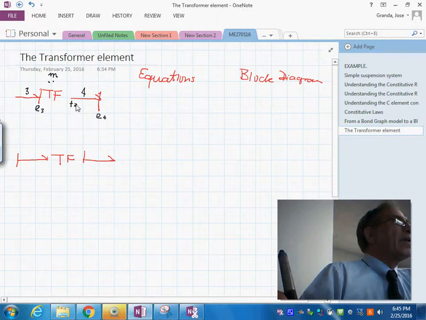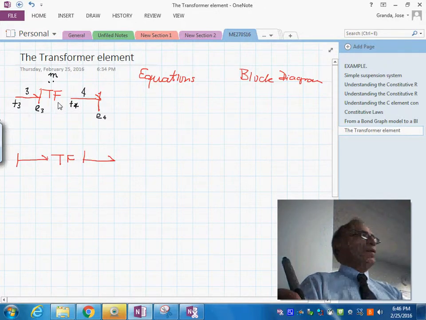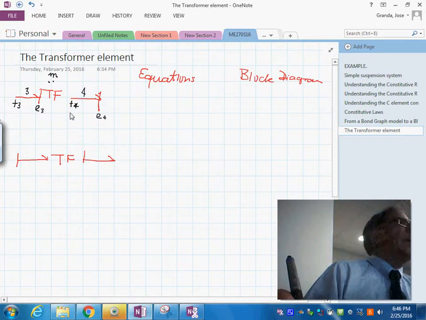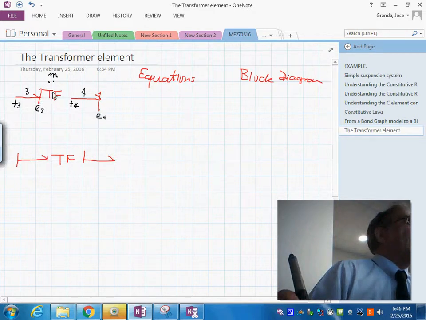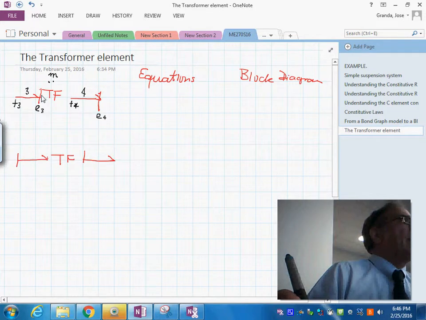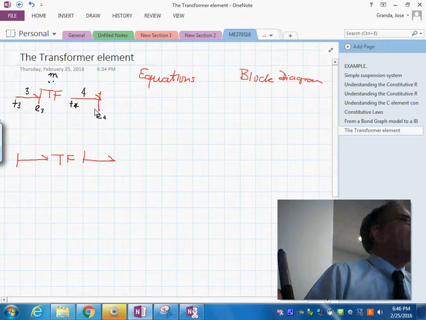And this is F sub 3. So the reason I like that is because if you are facing the element, look at the left, there's an effort coming in. Multiply by the modulus M is the effort at the other end. So F3 times M is F4.